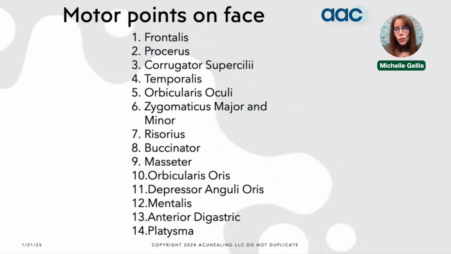We're not going to talk about all of them. We'll just be focusing on a couple, because when we're thinking about TMJ, the muscles that are involved are going to be the masseter and the temporalis.